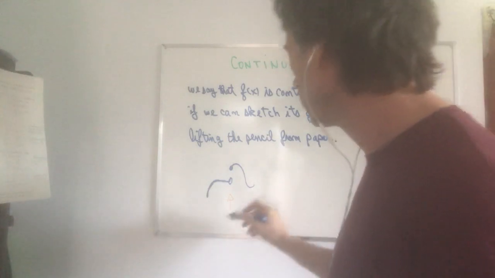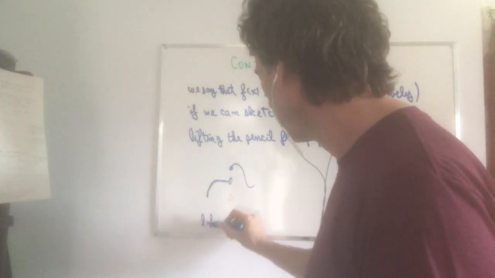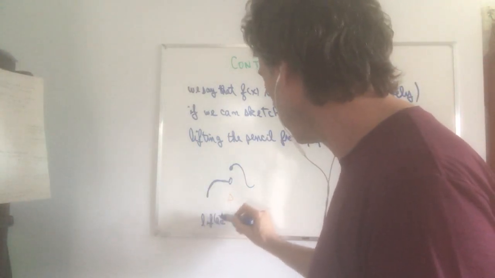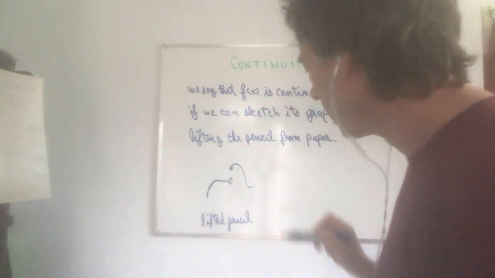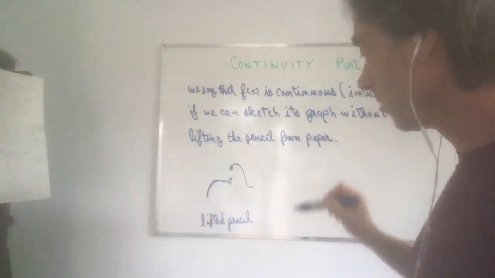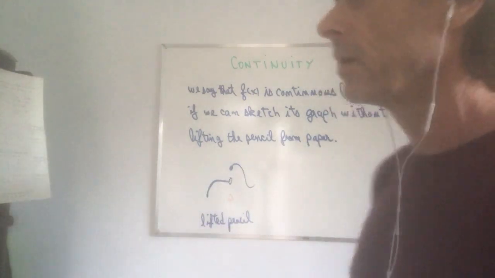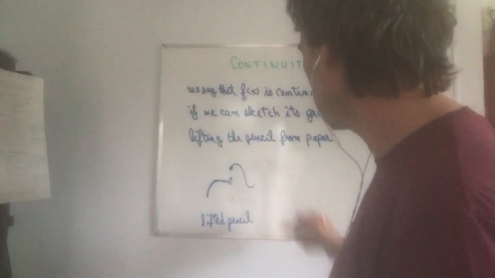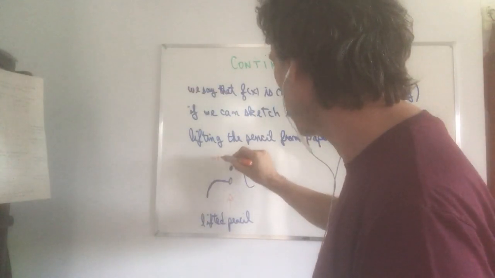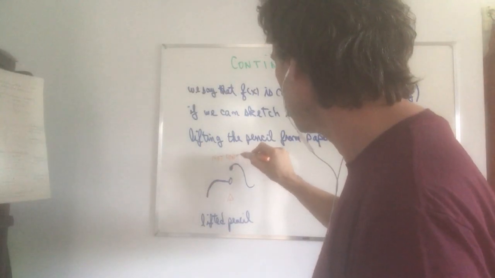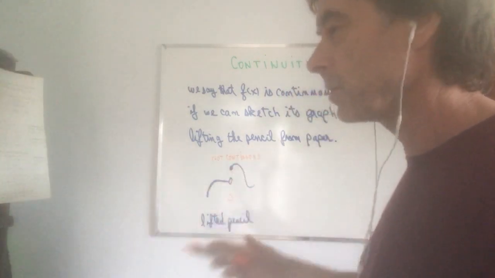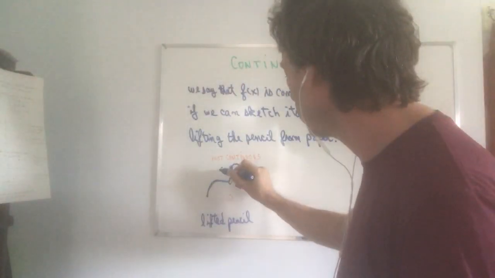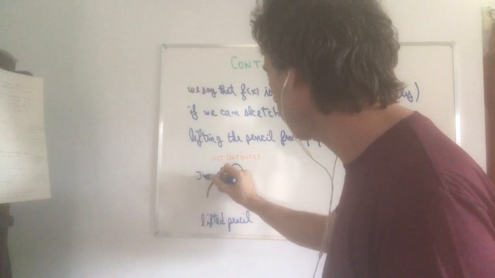That means I have lifted the pencil to continue sketching the graph. That is a graph that is not continuous because of this jump.